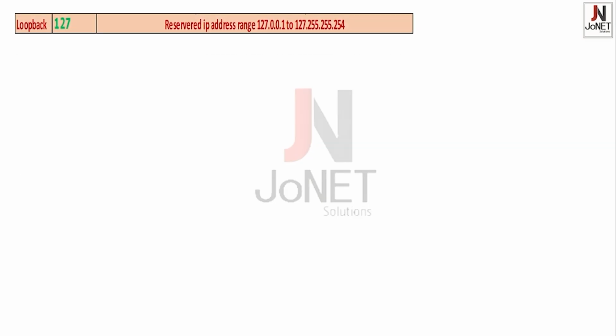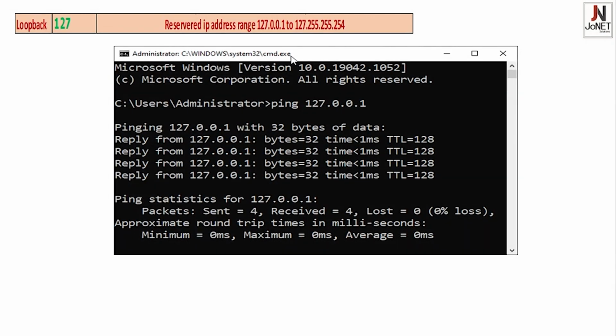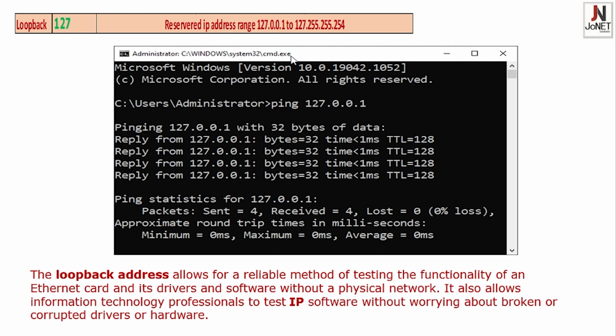Loopback. The loopback range is reserved, that is 127. Loopback is used to test the functionality of your Ethernet drivers and software without any physical network. It is also used by network professionals to test whether the operating system and network drivers are interoperating properly, that is, whether your network interface card driver is properly installed or not.